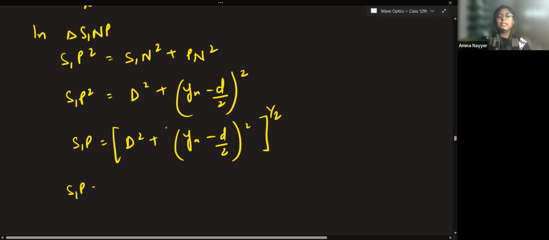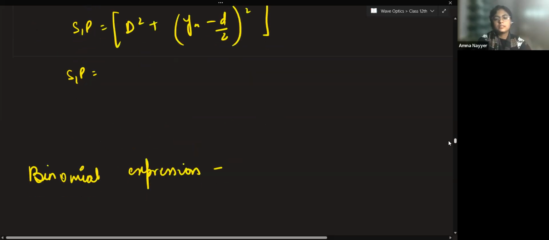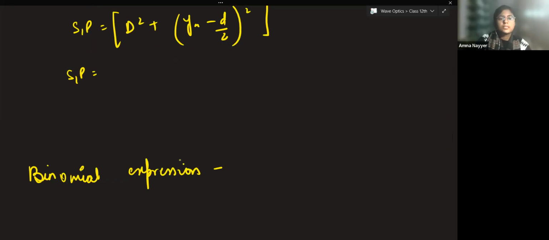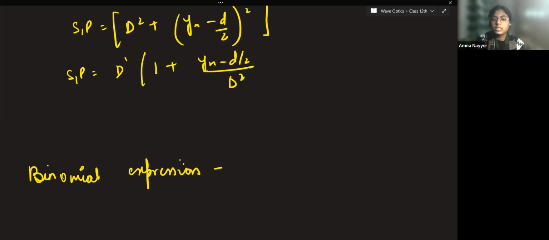So S1P will be, you can take D square common from the bracket, to the power half. From here, you will be left with 1 plus Yn minus d by 2 by D, whole square. D square, if you take common, to the power half, class.